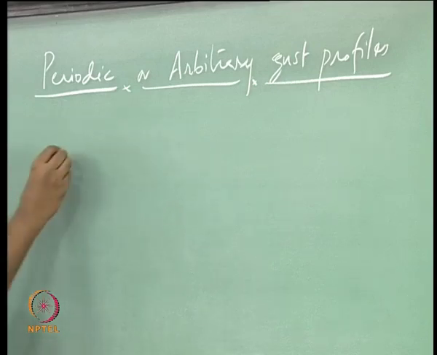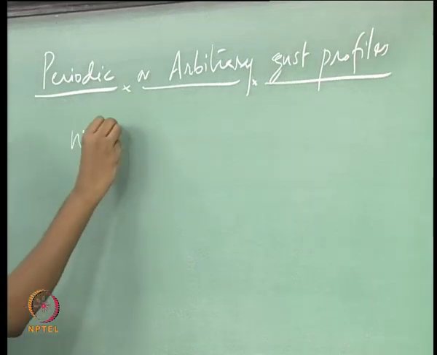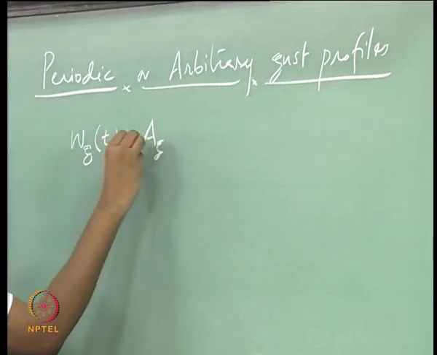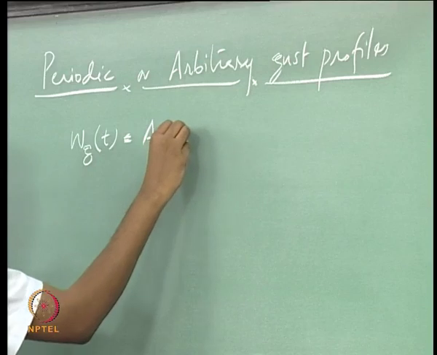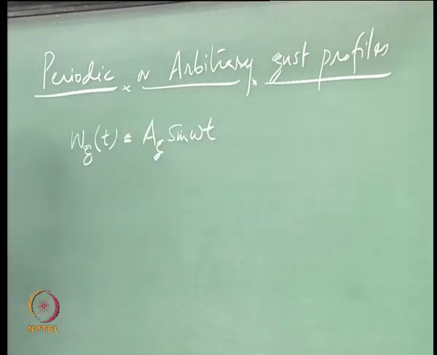So, you can take w g to have a form which is A g into sin omega t. Any other periodic function also, you know how to write them as a sum of various frequencies using Fourier series.